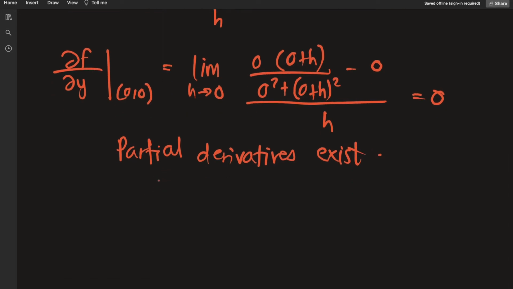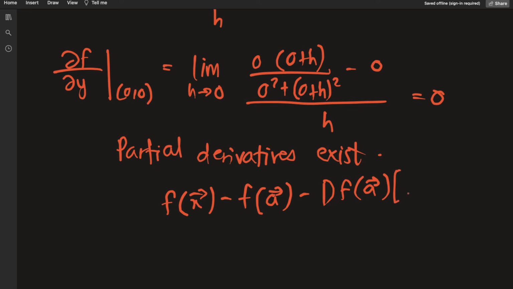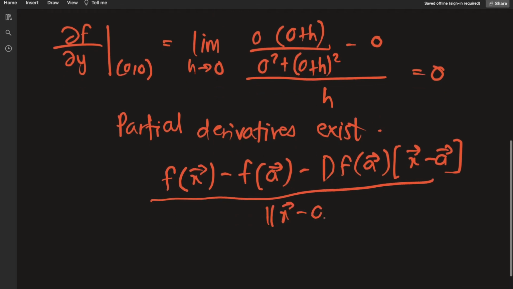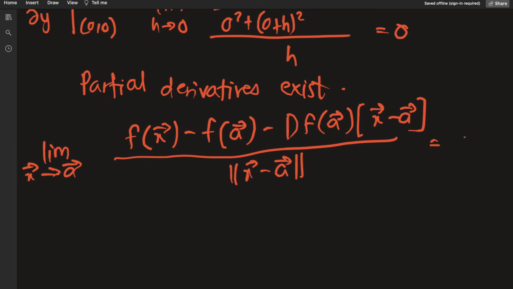Okay, now let's check for that star condition. If you remember, that condition was: f at x minus f at whatever point a, minus the Jacobian at that point times x minus a vector, divided by the magnitude of x minus a vector, in the limit that x tends to a, and all of this we wanted to be 0.